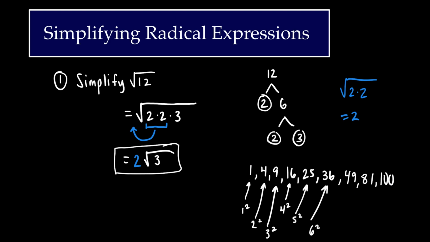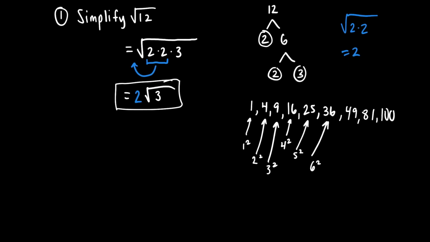This is the alternative method, I'll put it in red, not to signify that it's worse, but just that it's different. They'll say the square root of 12 is the square root of 4 times 3. 4 is a perfect square, and once you divide by 4, you're left with 3.